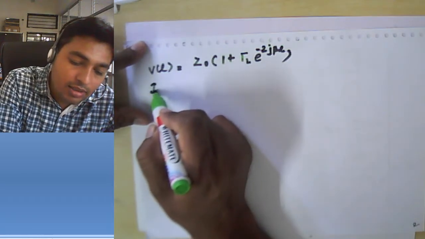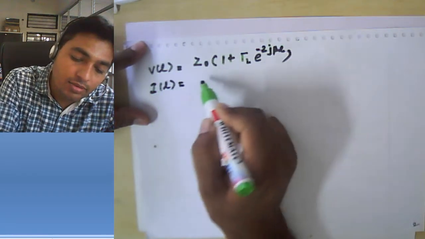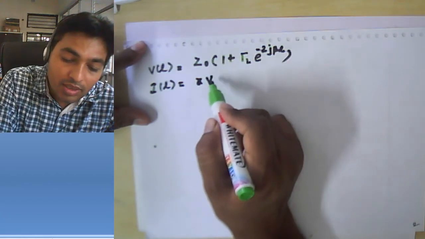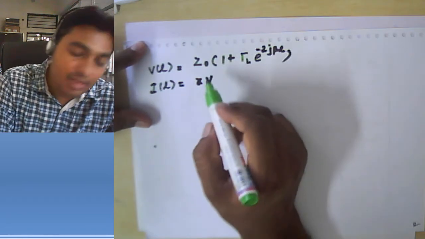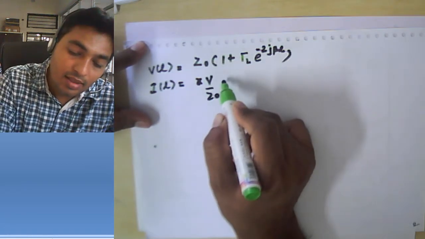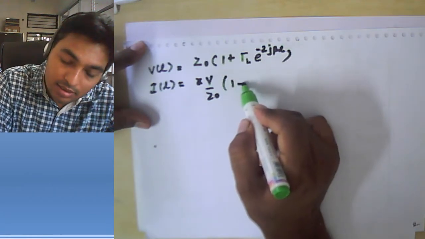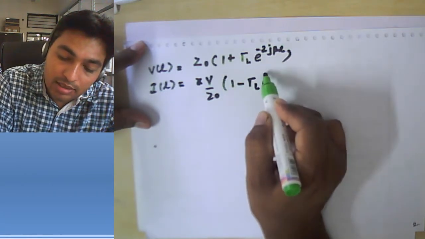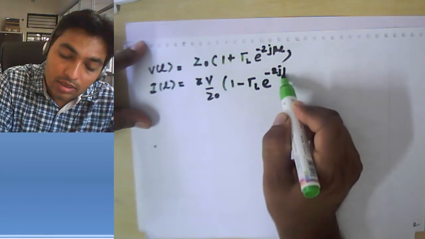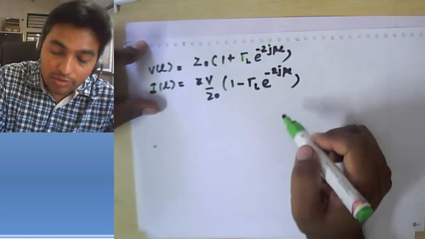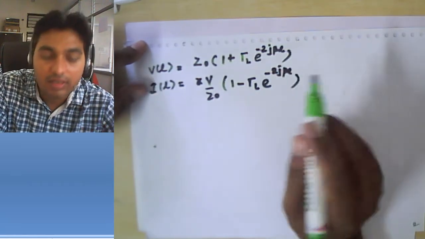Similarly for the current, we have IL is equal to V divided by Z0, it will be 1 minus the reflection coefficient e raised to minus 2j beta l. So this is for current.